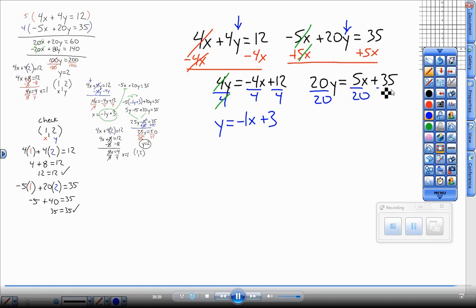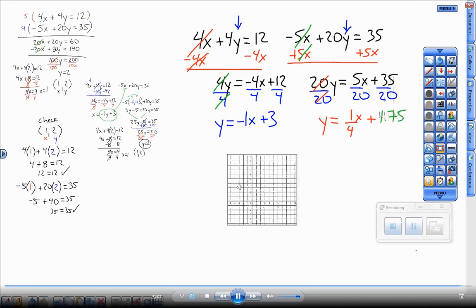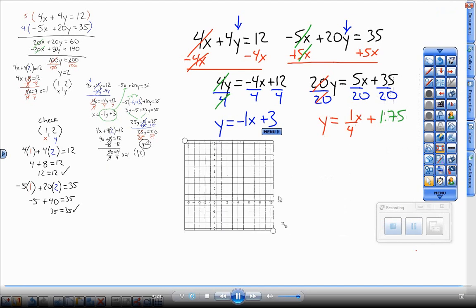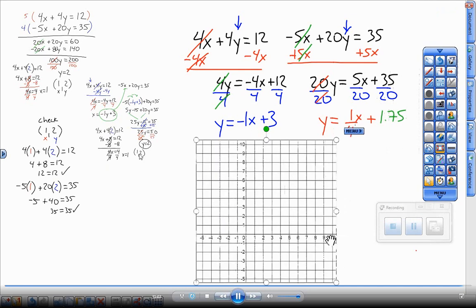Divided by 20, divided by 20 gives me y equals 5 over 20 reduces to 1 over 4. Divided by 5 is 1, divided by 5 is 4. So this is 1/4 x. And then 35 over 20, using my calculator to get that as a decimal, is about 1 3/4, 1.75. So if I graph them, they should intersect at 1, 2.